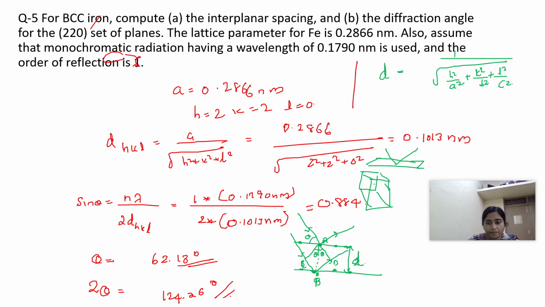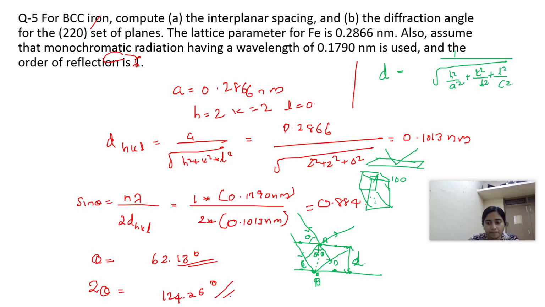For example, you can calculate between two planes, like the upper 100 plane and the one below it, or between two faces, or between two diagonal planes of two different unit cells. All this you can calculate, but it's not about which plane it is.